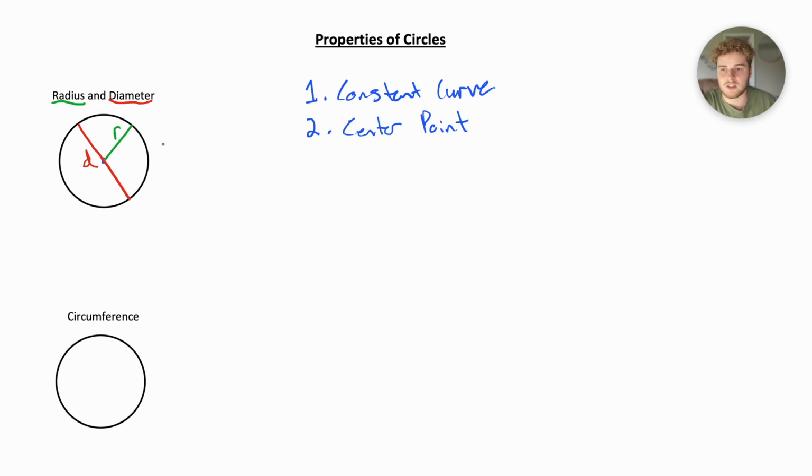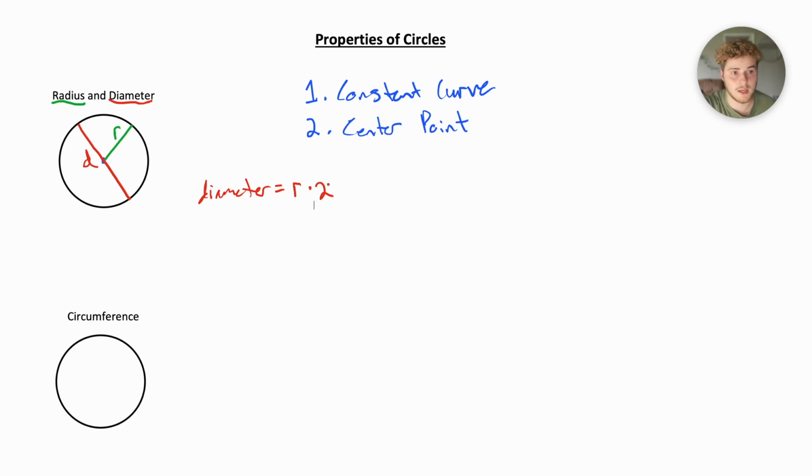So now, these are important things that we can talk about. When it comes to radius, we know that it's the length from the center to the edge, but when we talk about diameter, since it's basically two radiuses, you can say that diameter is equal to radius times 2, or you could say radius plus radius if you wanted to.